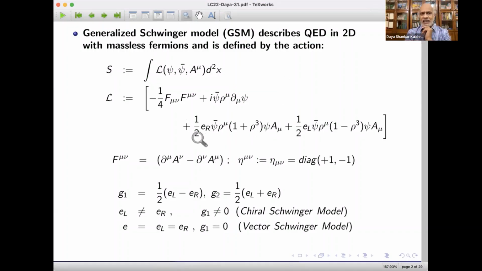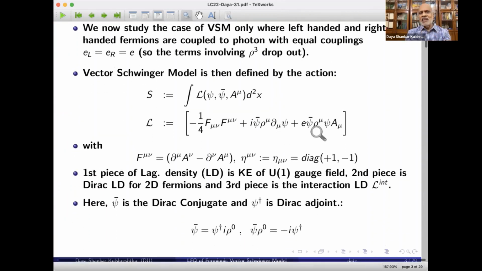So when I set ER equal to EL, which describes the coupling of the right-handed and left-handed fermions with the vector field A mu, then the terms involving rho 3, which is analogous to gamma 5 of the usual Dirac matrices, would drop out, and what we are left with is just these three terms: the kinetic energy of the vector field, the Dirac Lagrangian, and the interaction Lagrangian.